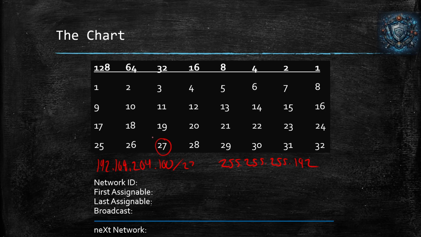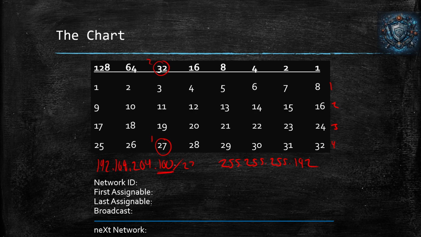Now we want to tie this to the topmost number. Step two, 32. Now, 27 lies in this fourth row here, right? 1, 2, 3, 4. So that means we're working in the fourth octet.